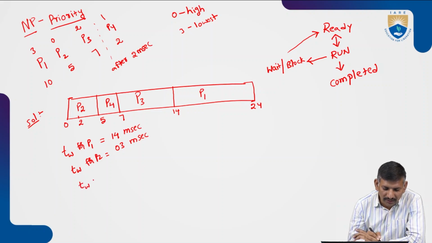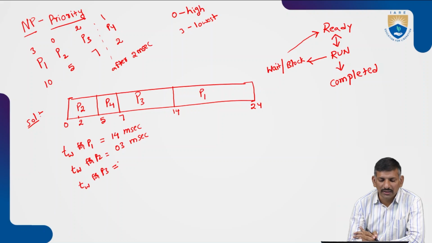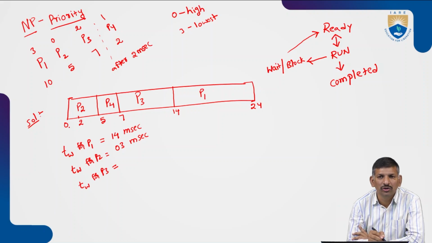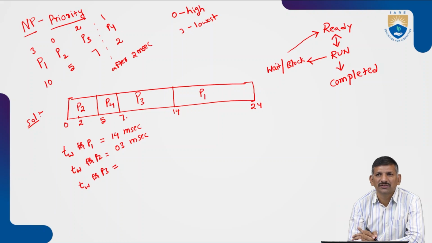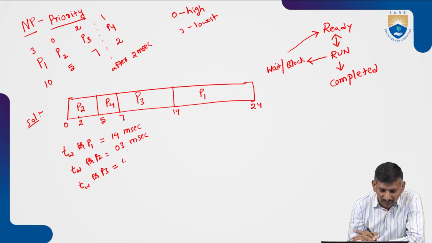Next, waiting time for process P3. P3 entered into the ready state at the time of 0 and is scheduled for execution at the 7th millisecond. So, in total it waits 7 milliseconds in the ready state.